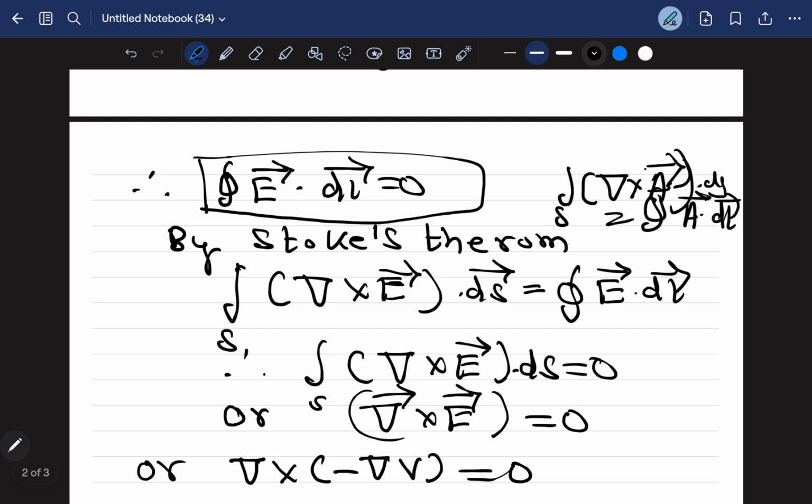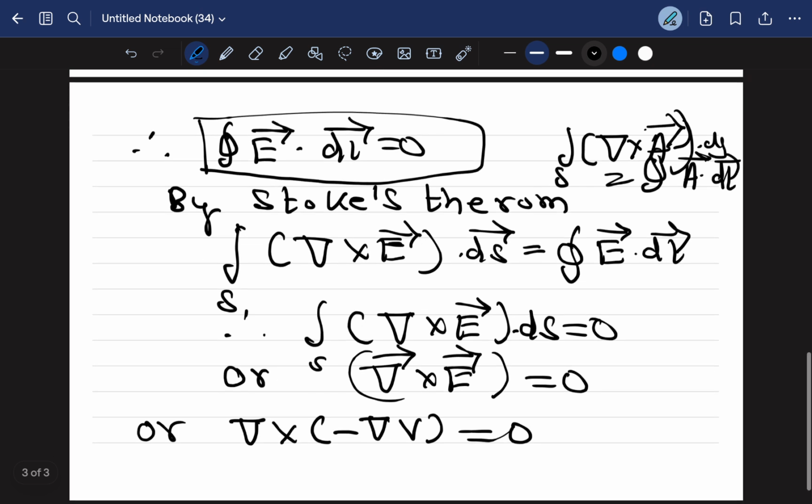As we know, the closed integration of E dot dl equals 0. So from here we get del cross E dot ds equals 0. Now ds cannot be 0, because the surface is finite. So the only possibility is that the cross product of the gradient with the E vector is equal to 0. So del cross E equals 0.